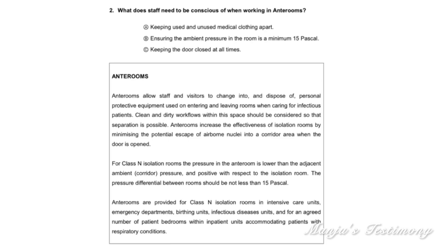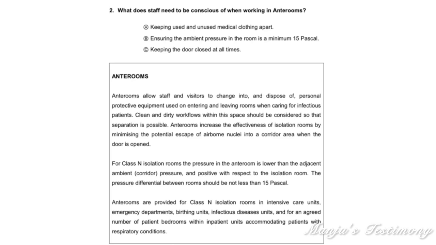We know that the anteroom's door should be closed at all time, but it is not mentioned in the text, right? It is not anywhere in the text that the door should be closed at all time. We know already, but we don't have any right to use our medical knowledge here. We have to extract the meaning from the text, what only the text mentions.